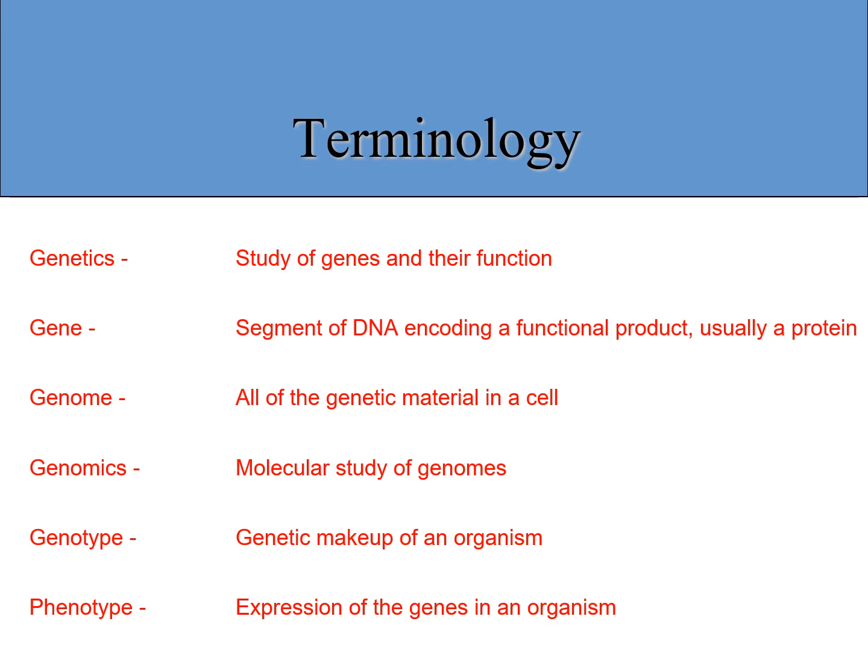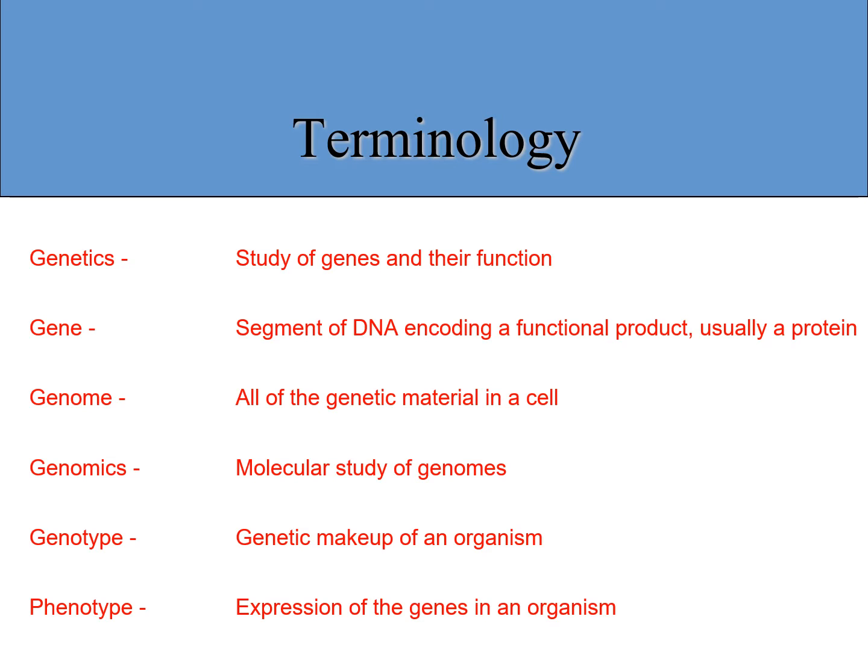Genomics is the molecular study of the genome, or genomes. The genotype is the genetic makeup of an organism, and the phenotype is how those genes are expressed. Sometimes they are silent, they're not expressed, because there's always two copies in an organism, and one copy of the gene may be dominant to the other.